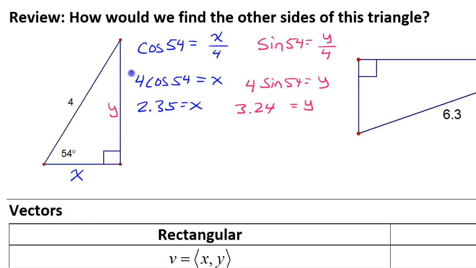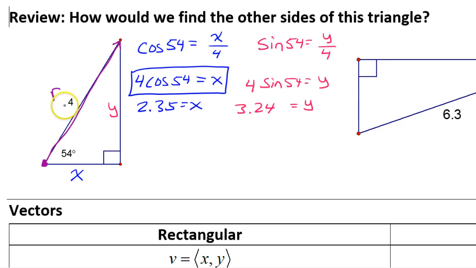Now, I want you to focus on this step in the process for a second. We have the horizontal labeled as x, the vertical is labeled as y. Imagine that the hypotenuse, let's call that r. R stands for radius. Imagine that this is the center of the circle, that would make this the radius of the circle.